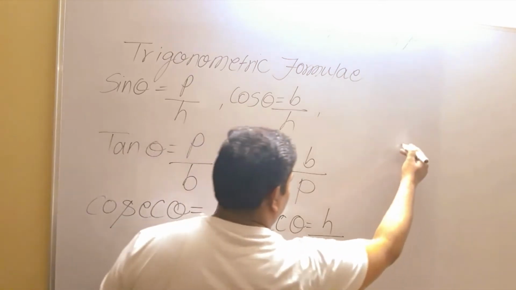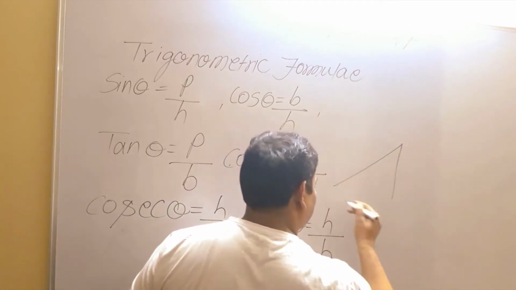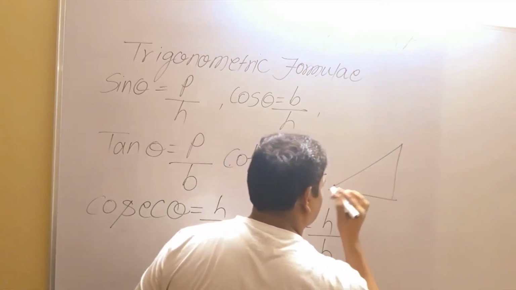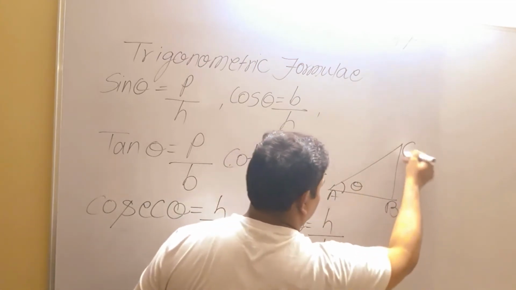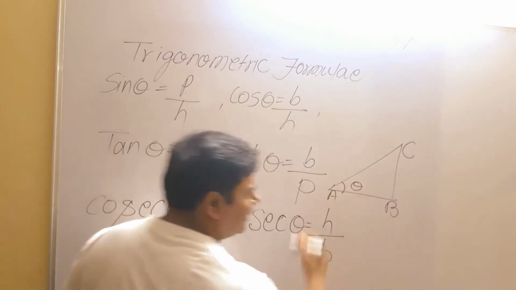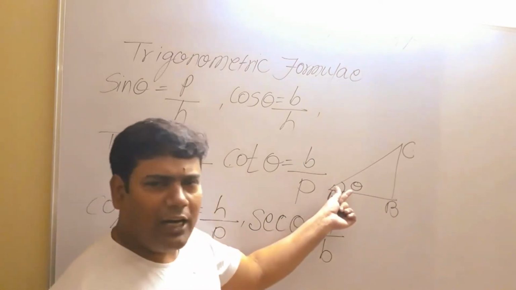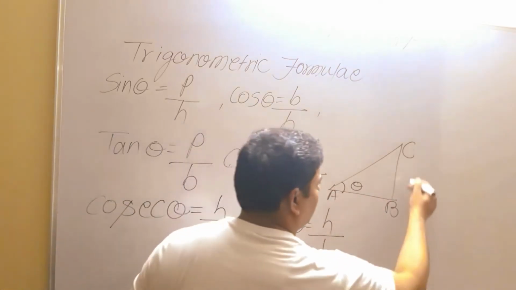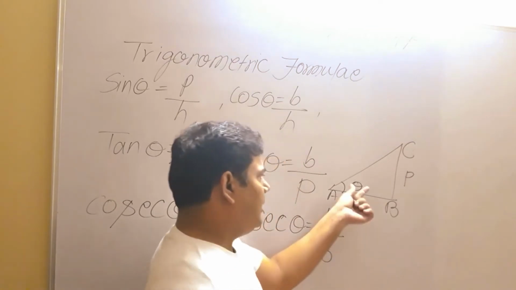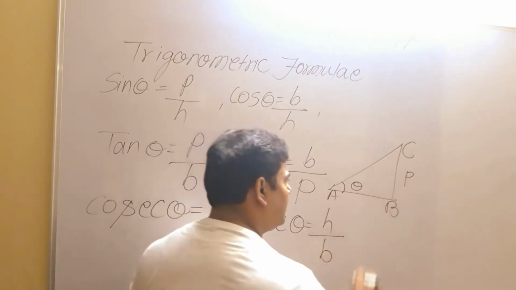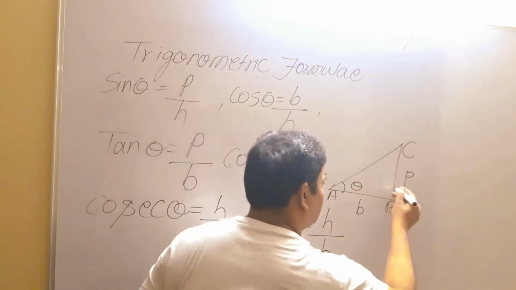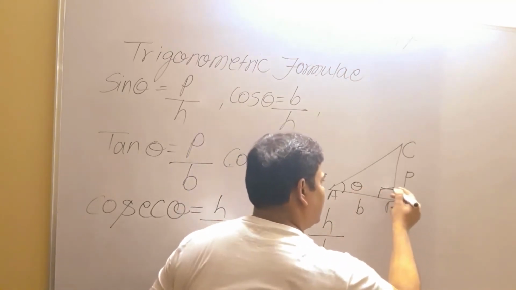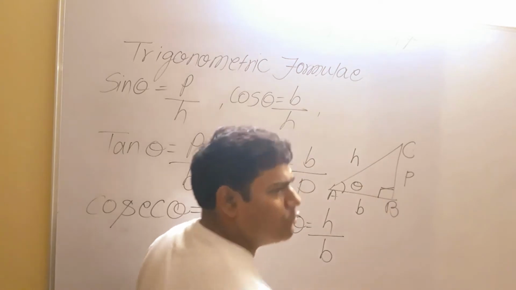What is sine theta? You must know that in any right angled triangle, suppose triangle ABC, if you make angle theta, then the side opposite to this angle is called perpendicular and the side adjacent to this angle is called base B, and the side opposite to the right angle is called H, hypotenuse.